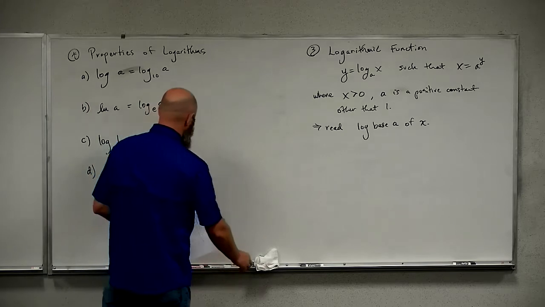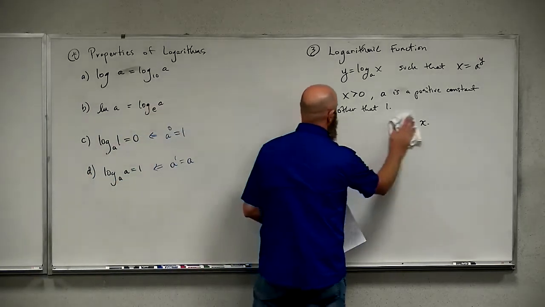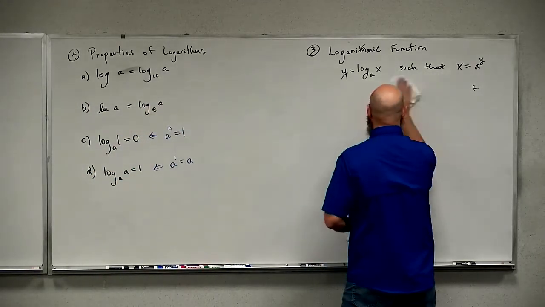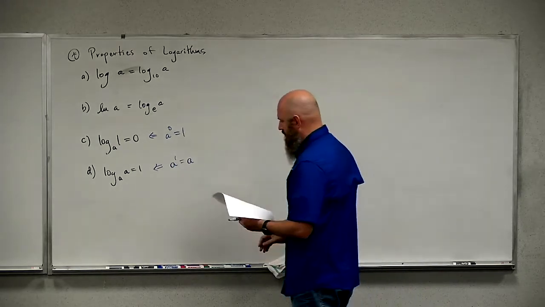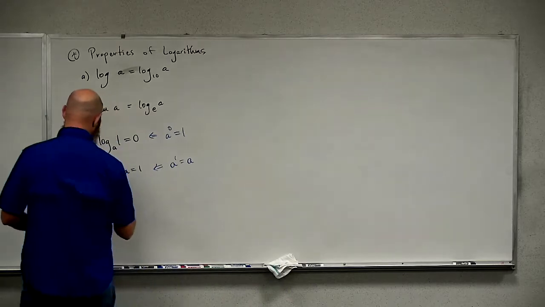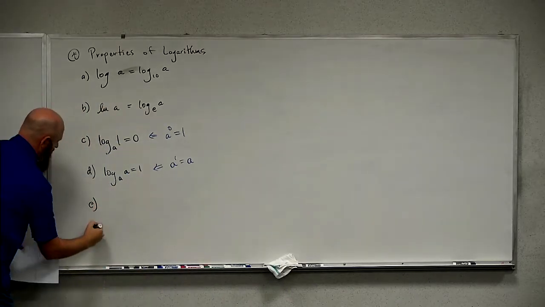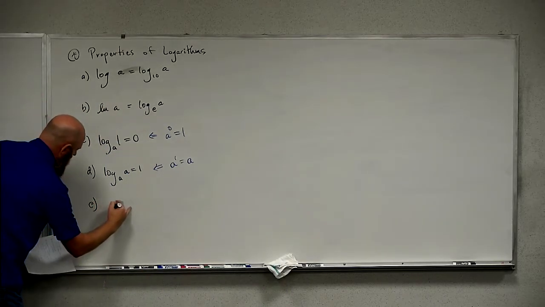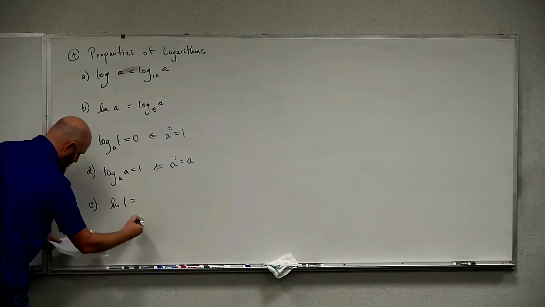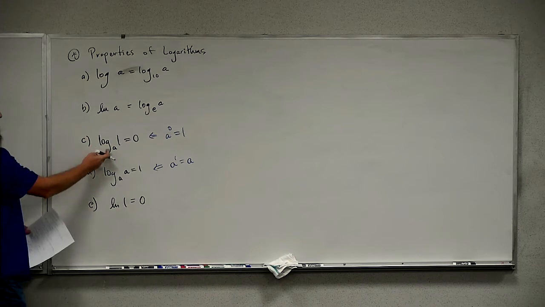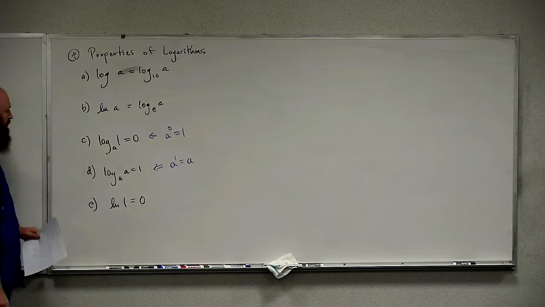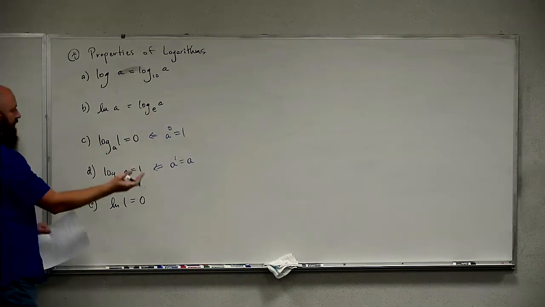Now we as well have a couple others that are very similar to those last two. Let me erase again. Actually, I think I can get this down here in the bottom. Here's enough room. So E is going to be ln of 1. That still equals 0 as well for the same reason, because it's base E, so E to the 0 is still 1.